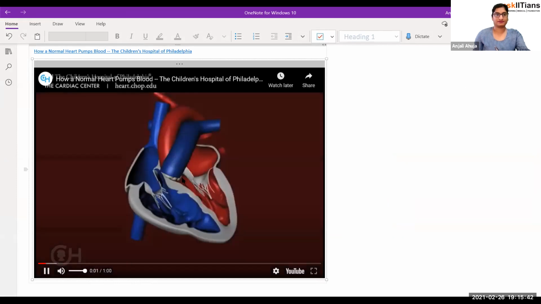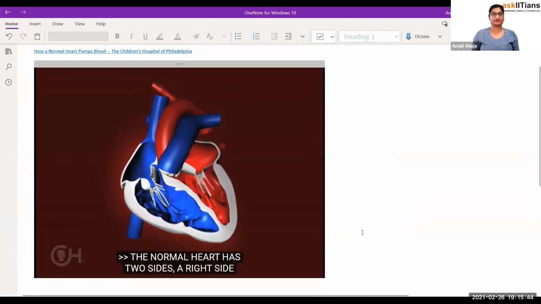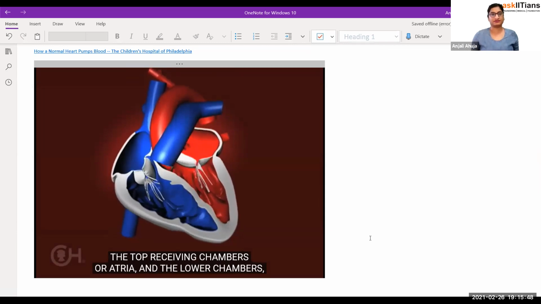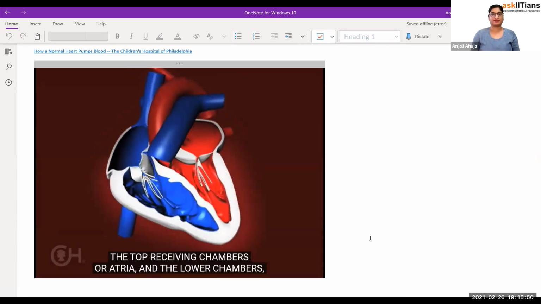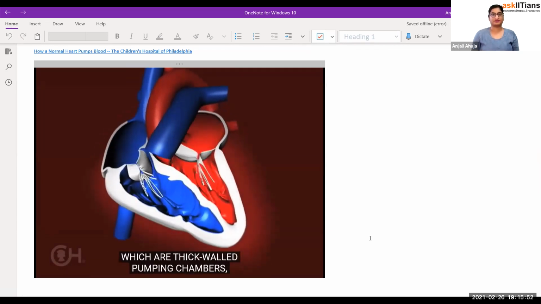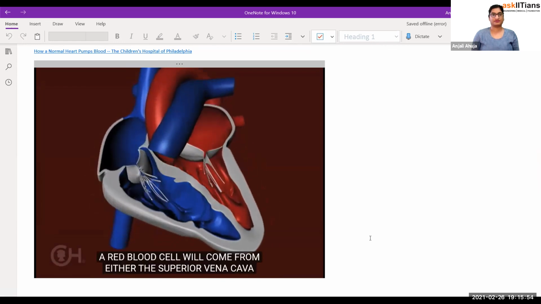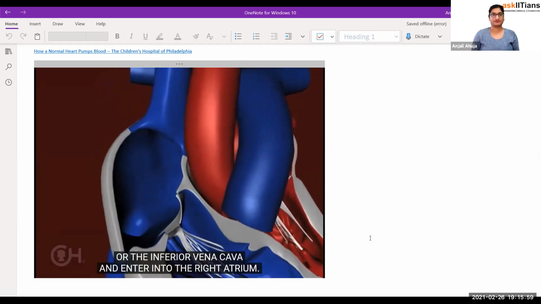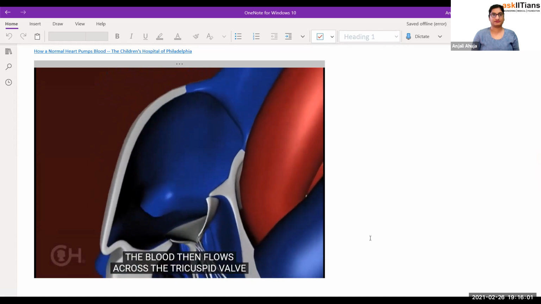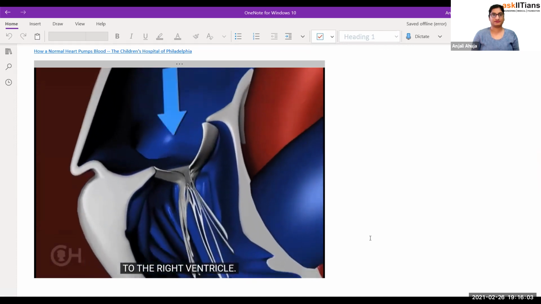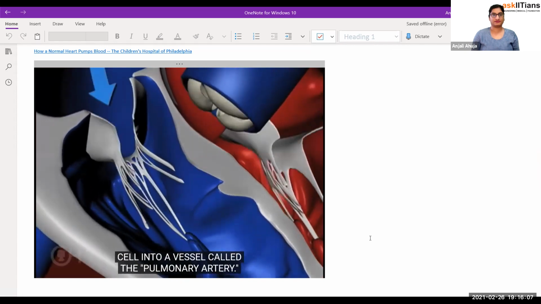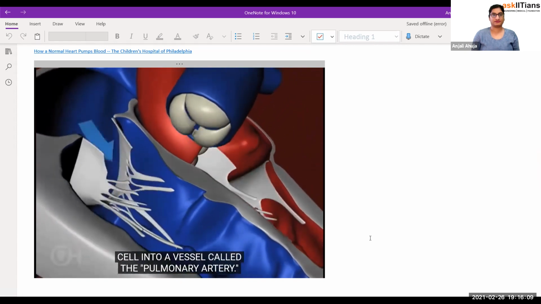The normal heart has two sides, a right side and a left side, and four chambers: the top receiving chambers, or atria, and the lower chambers, which are thick-walled pumping chambers called the ventricles. Red blood cells will come from either the superior vena cava or the inferior vena cava and enter into the right atrium. The blood then flows across the tricuspid valve to the right ventricle. The right ventricle then squeezes and ejects that blood cell into a vessel called the pulmonary artery.